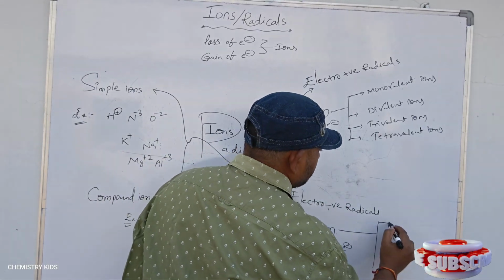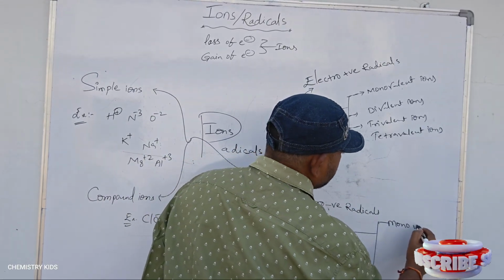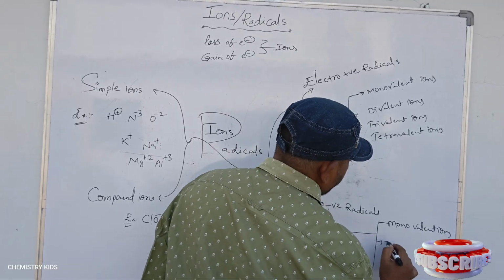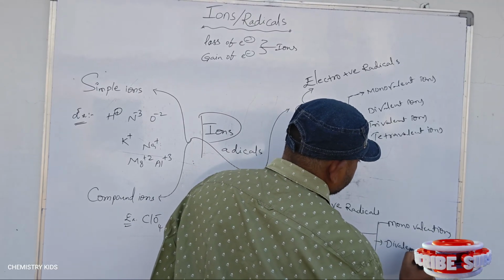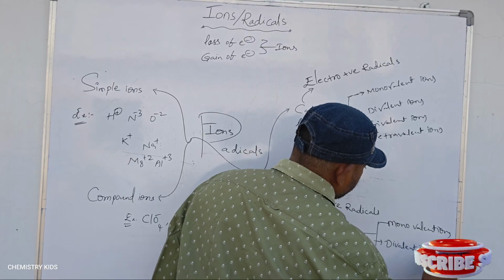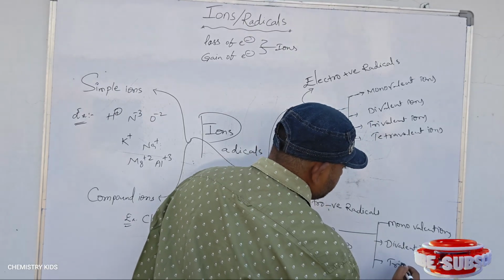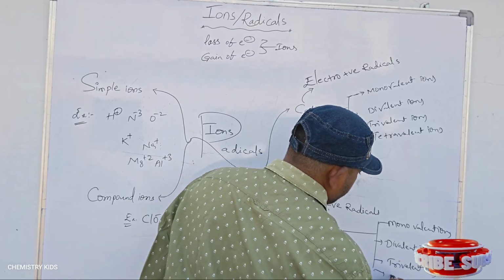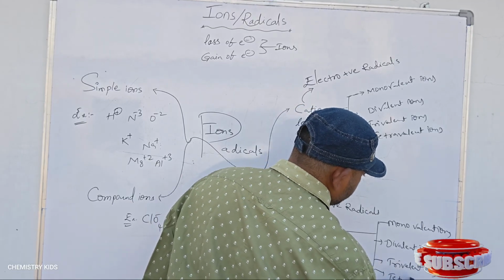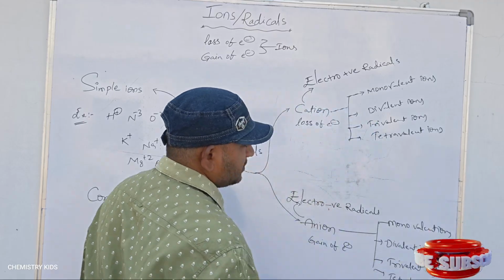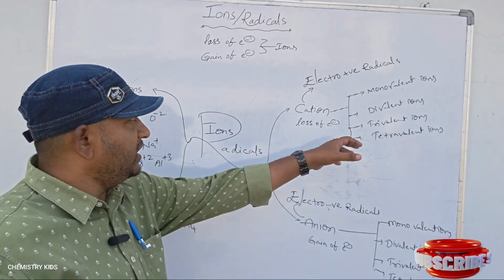And here also, for anions, monovalent ions, divalent ions, trivalent ions, and tetravalent ions. So one by one we are discussing.